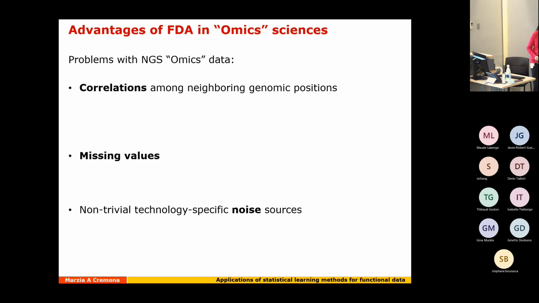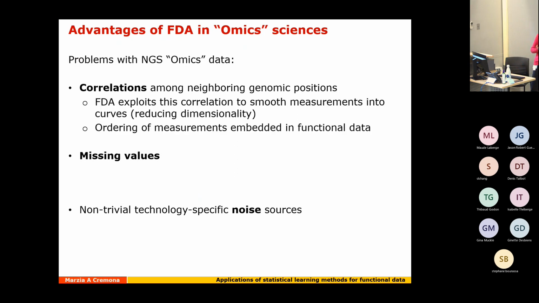With this data, we have a lot of problems that can be dealt with using functional data. The first problem is that usually we have correlation among the neighboring positions. In this case, with functional data analysis, we can actually exploit this correlation because we can ask for smoothness of the signals along the genome.